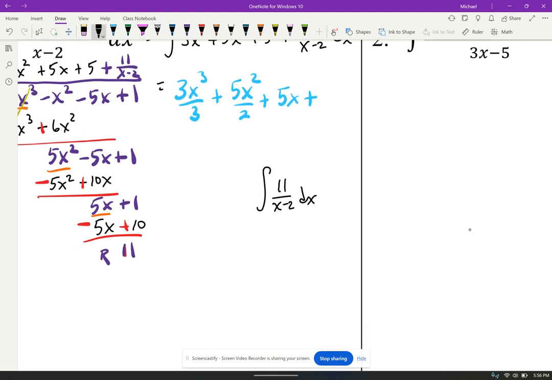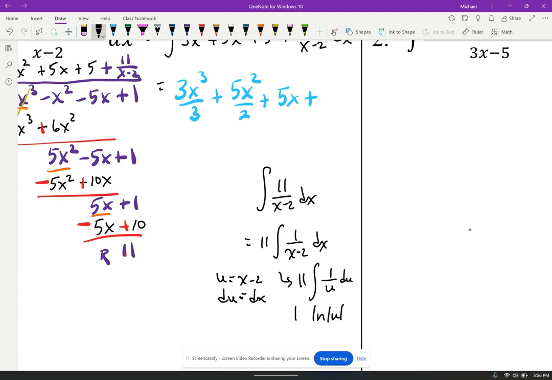If I factor out the 11, then I'm left with 1 over x minus 2 dx. And if I use u substitution, where u is this part, and du is going to be dx, then this becomes 11 times the antiderivative of 1 over u, and that's just going to be the natural log of the absolute value of u.